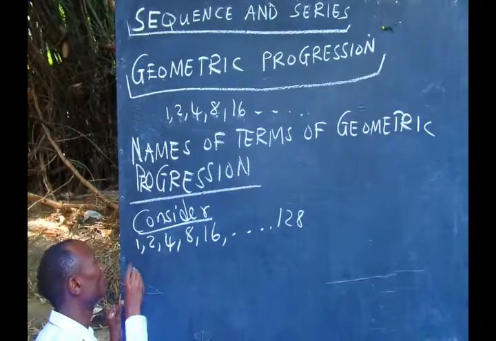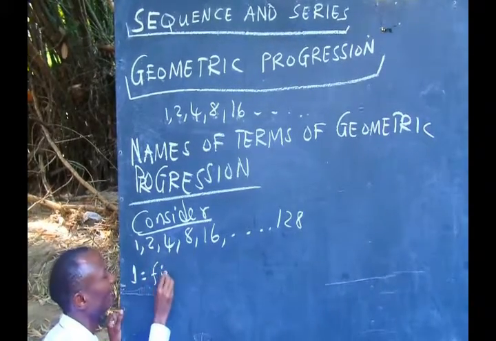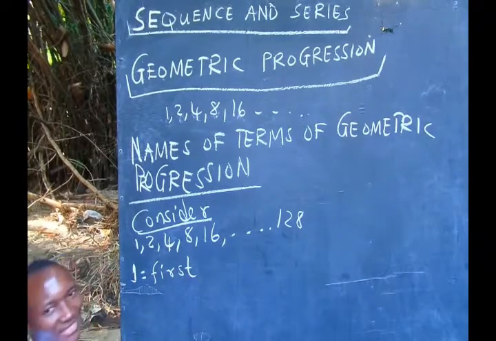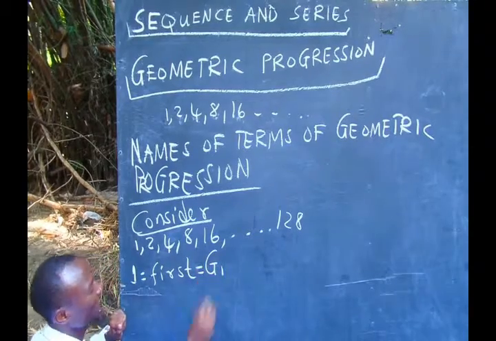So this one is called the first term. One is called the first term, which is G1.